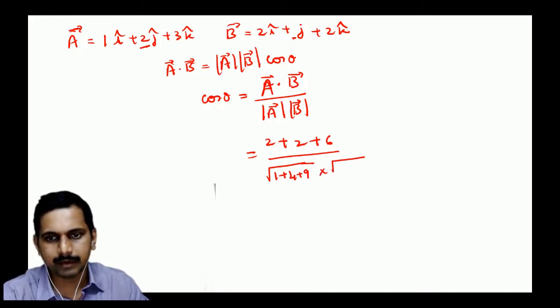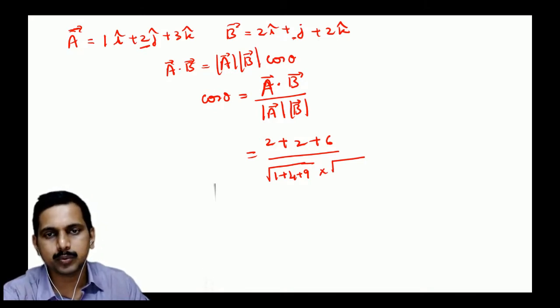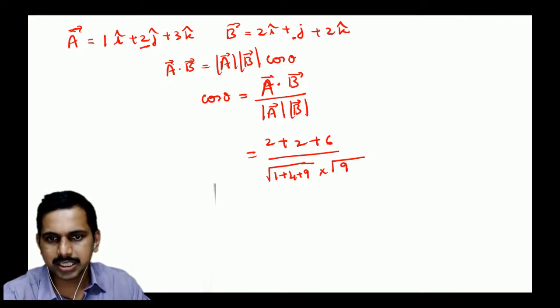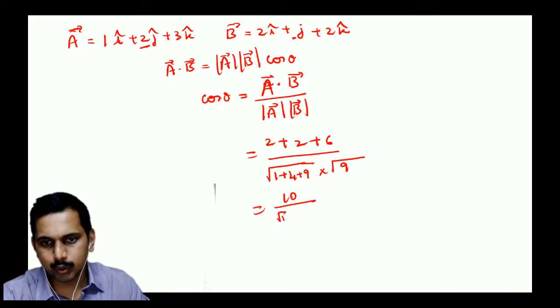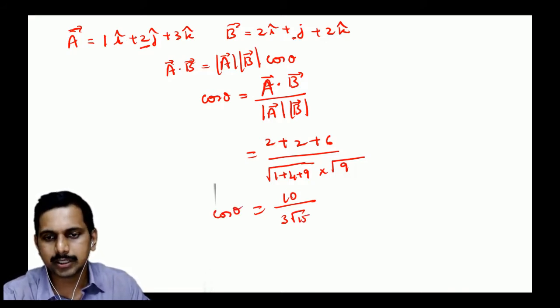And what about the other one? That would be 2 square, 4, 4 plus 1, 5, 5 plus 4, 9. So square root of 9. So this would come as 10 divided by 3 root 15 would be my cos theta. Now what would be theta, students?